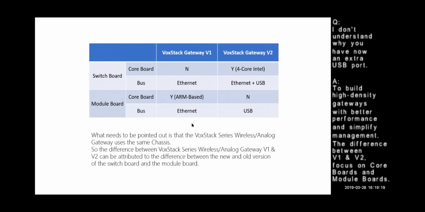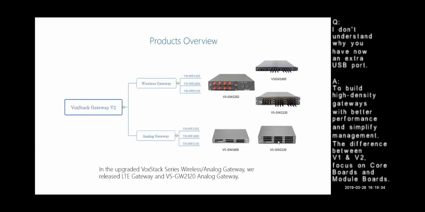That means the performance is very, very strong. So with the new Intel Coreboard, we can manage high density channels like 44 channel wireless gateway and even 40 channel analog gateway and 88 analog channel gateway. That's why we add USB bus.